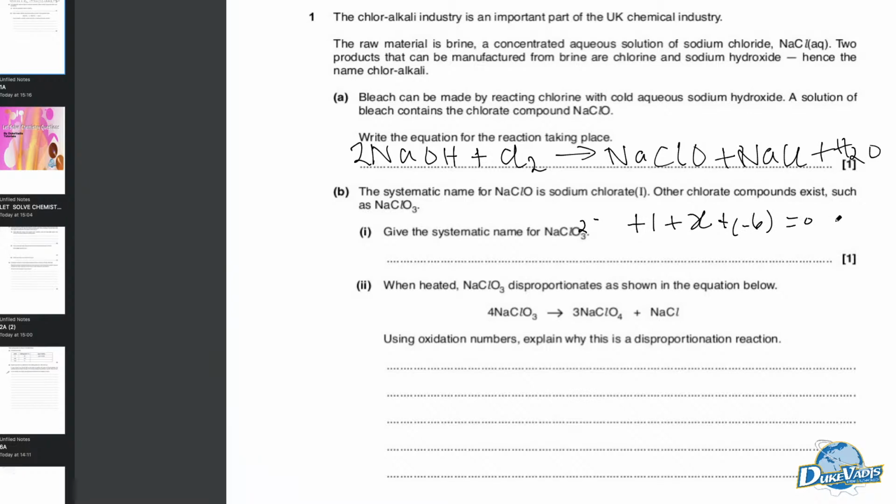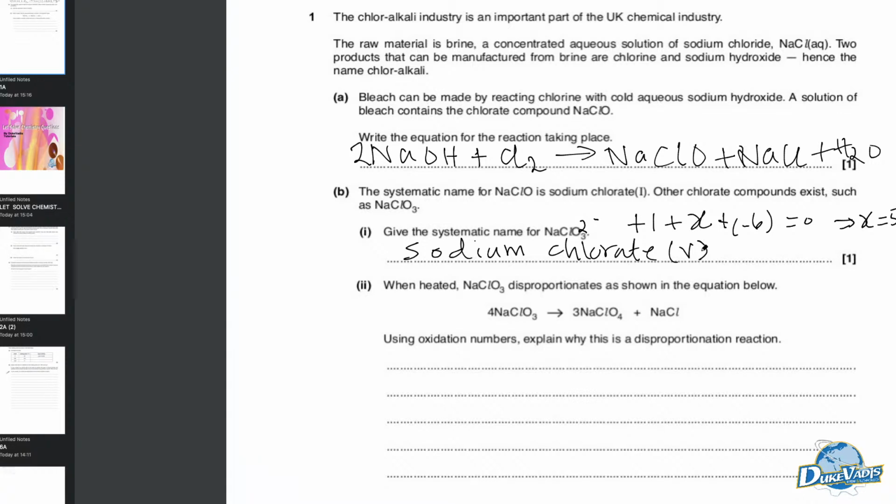When we solve it, X will be equal to 5. Meaning the name of this compound will be sodium chlorate(V).